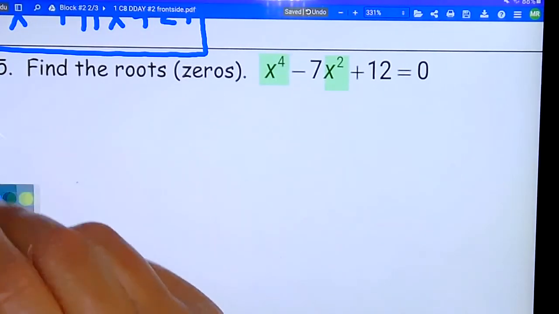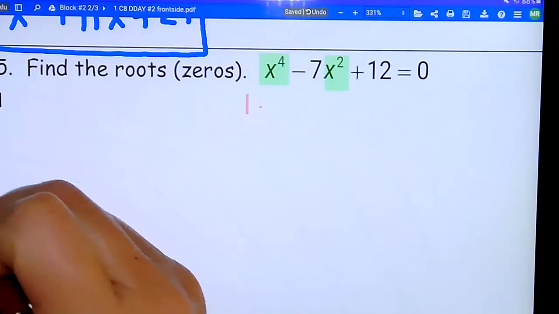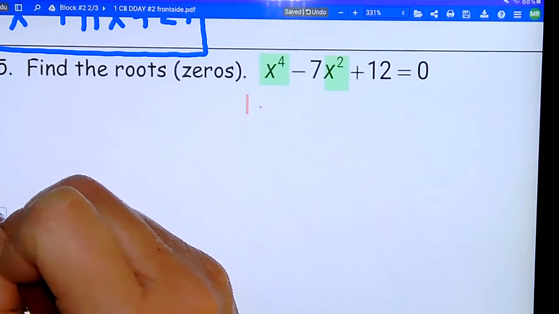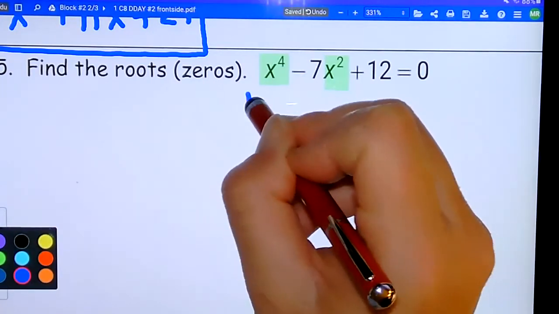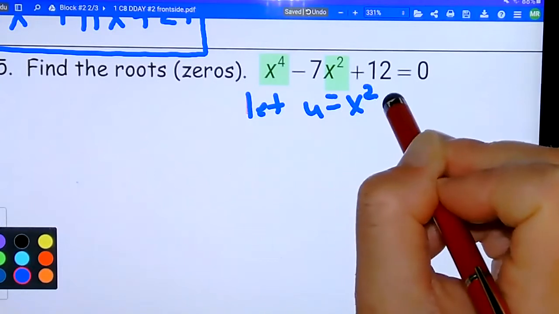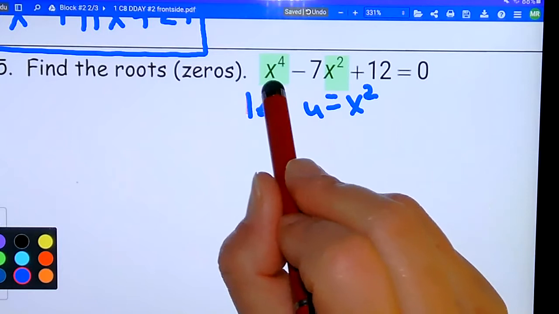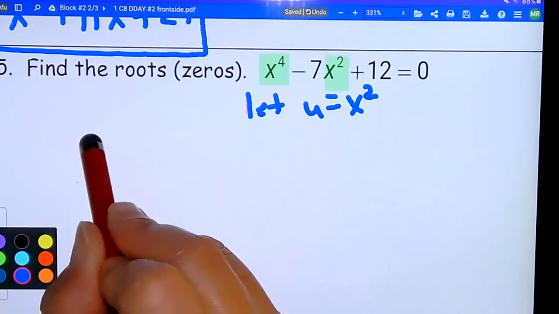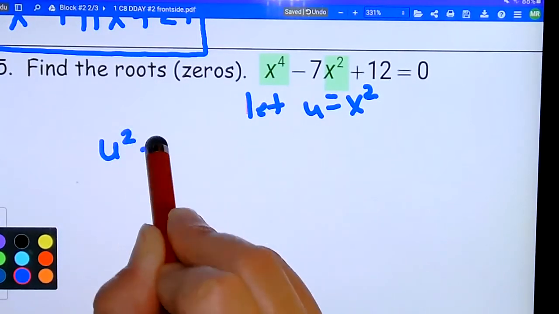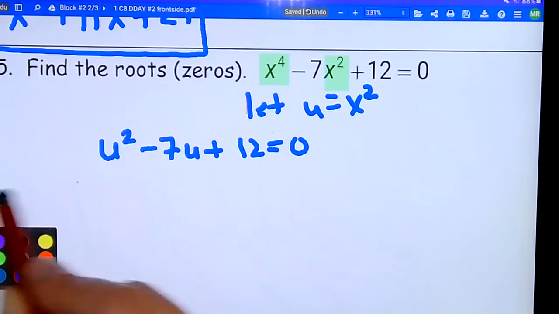So you can think of it this way. You can let u equal x squared. So this would be u, and this would be u squared. So you can think basically about u squared minus 7u plus 12 equals 0.